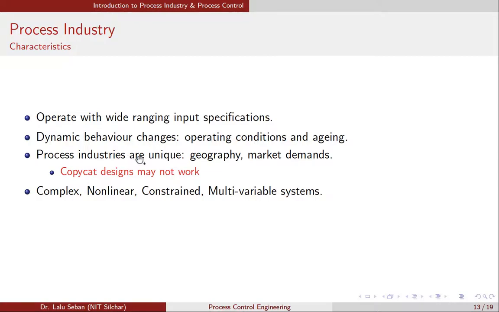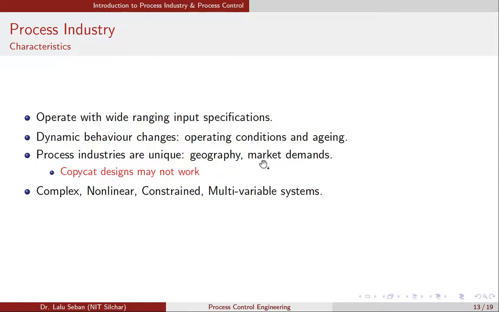Then the process industries are unique. Say, for example, the refinery that is producing petrol in India needs to satisfy the BS6 norms. In Europe, they have different norms.